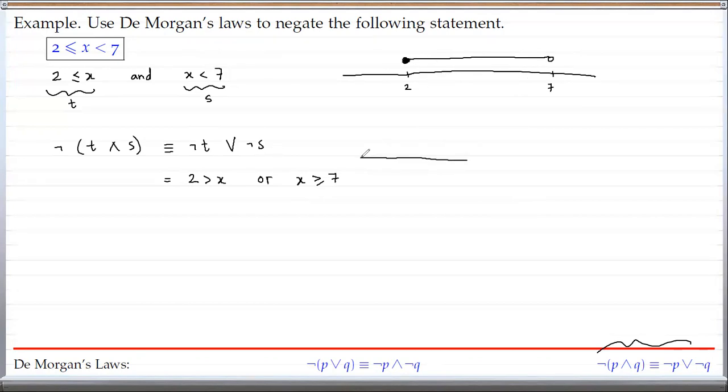So it should be all the values below 2, these ones, and the ones above 7, including 7. And that is exactly what we are given here. So the first part is 2 greater than X, or you can write it as X less than 2, and this part is X greater than or equal to 7.